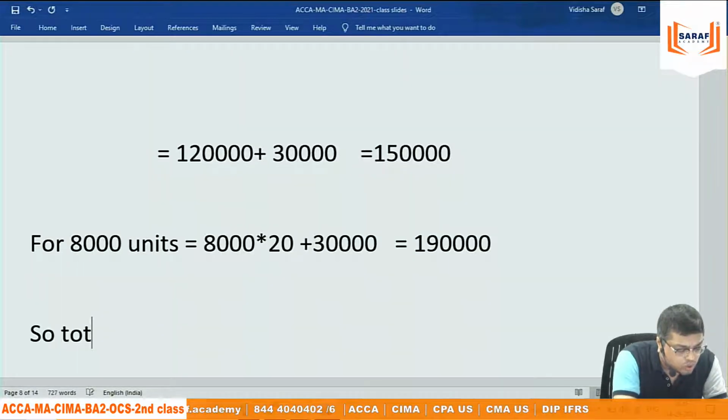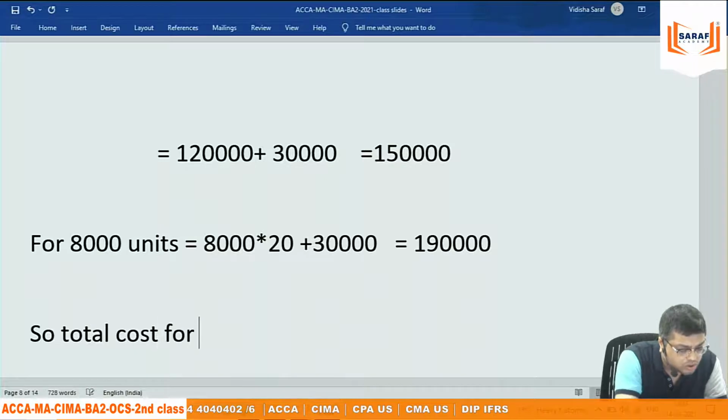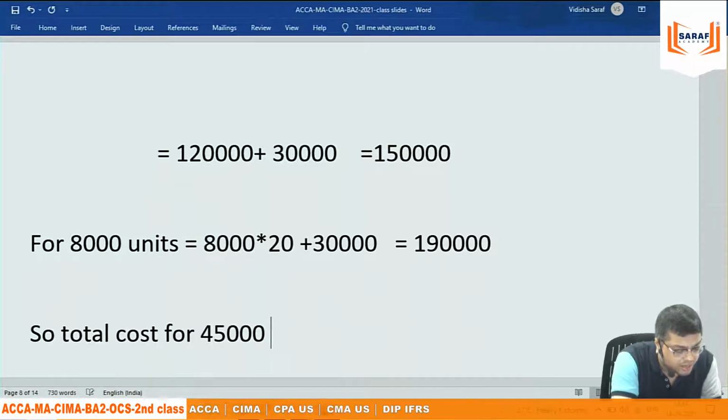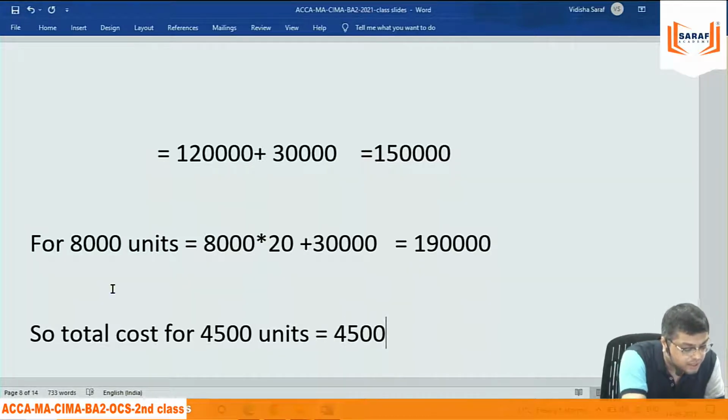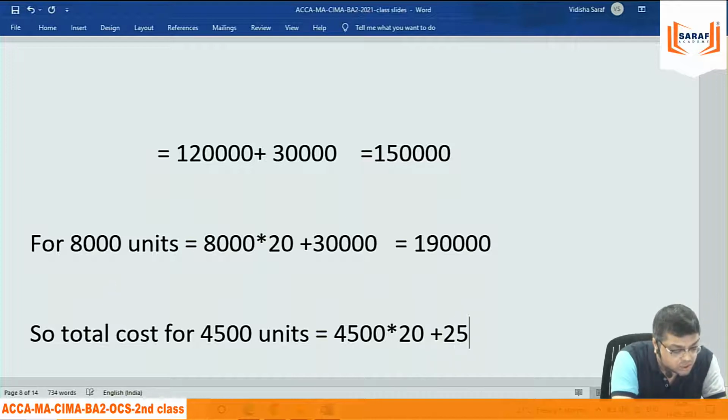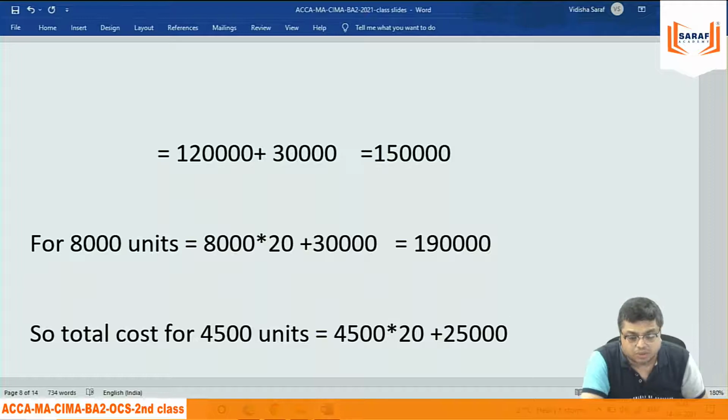So total cost for 4,500 units. Now this is less than 5,000. So it is 4,500 into 20 plus fixed cost is 25,000, not 30,000, because fixed cost up till 5,000 units is 25,000. Then it will be 20% more.